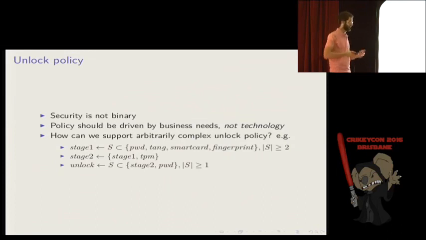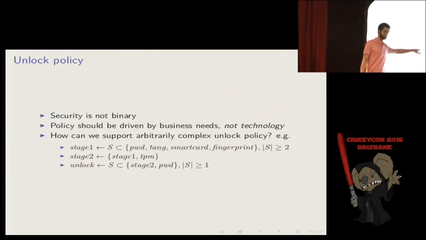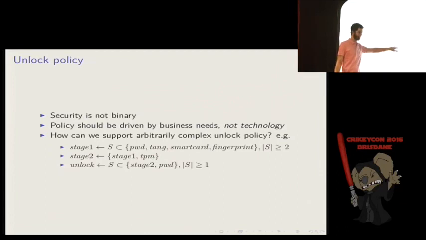So how can we support arbitrarily complex unlock policies? For example, if you follow through me with this, you can't see the laser pointer. Maybe at the first stage, we want to have user passwords, a Tang server for decryption, maybe a smart card that can also be talked to to decrypt or negotiate a secret, and maybe your fingerprint as well.